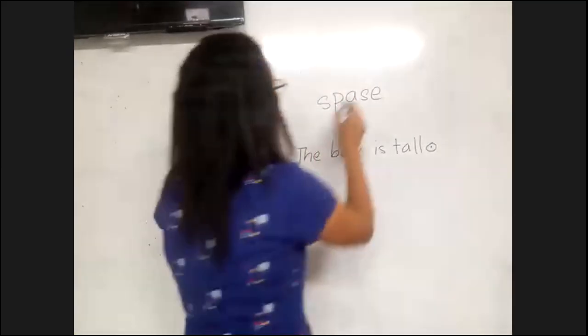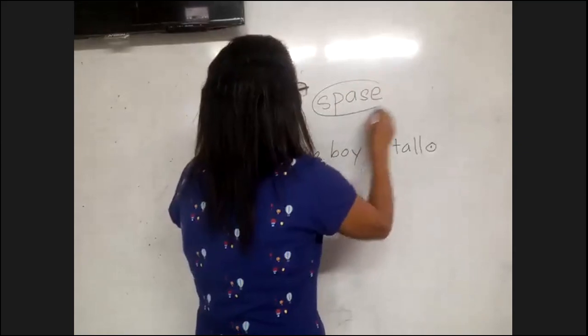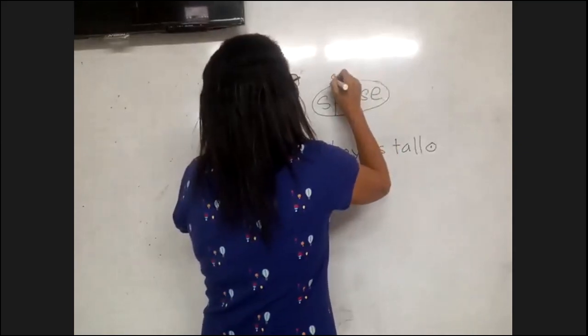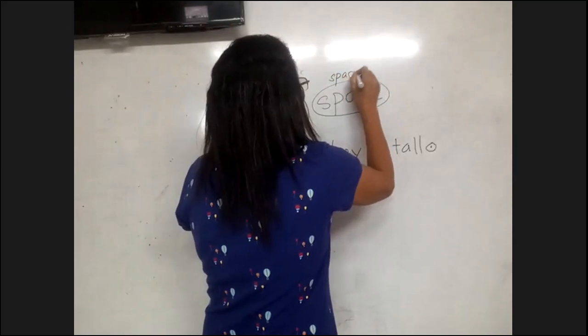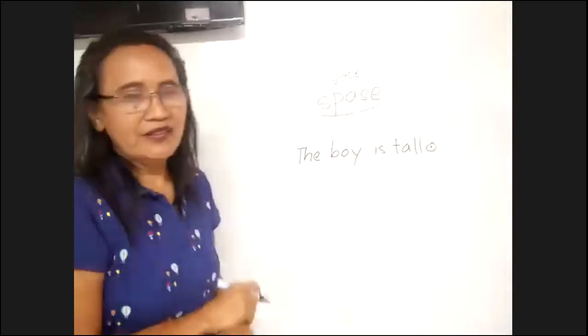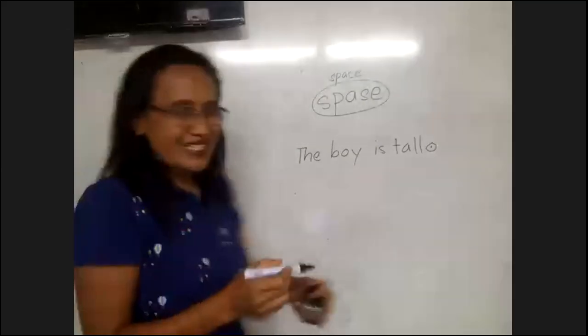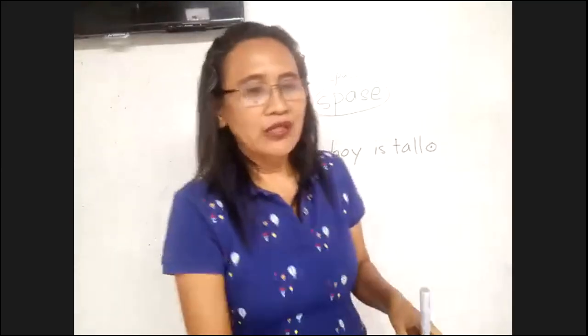The proofreader will encircle this one, and then he or she will write at the top the correct spelling. So space. That's how the proofreader will do it. Next.